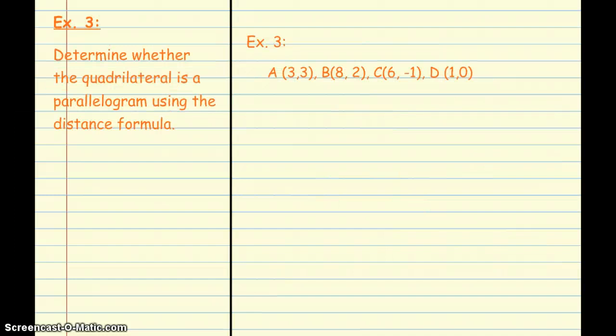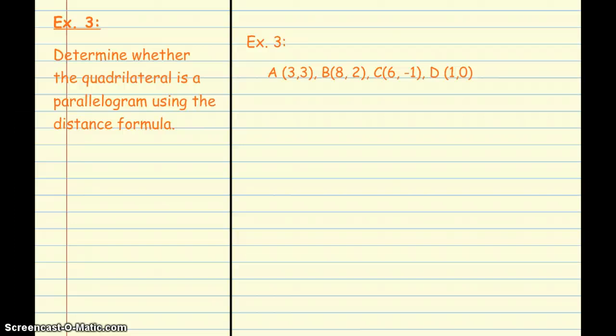So let's put this to practice. In example 3, we're going to determine whether the quadrilateral is a parallelogram using the distance formula. So we can graph it if we want to. In this case, I'm just going to use the distance formula for each of the 4 sides to see if my opposite sides are, not parallel, excuse me, to see if they're the same distance.